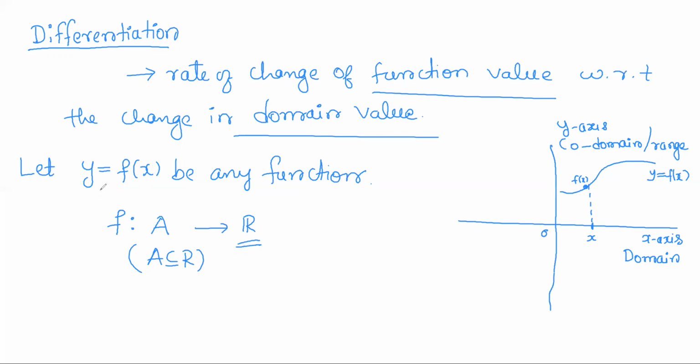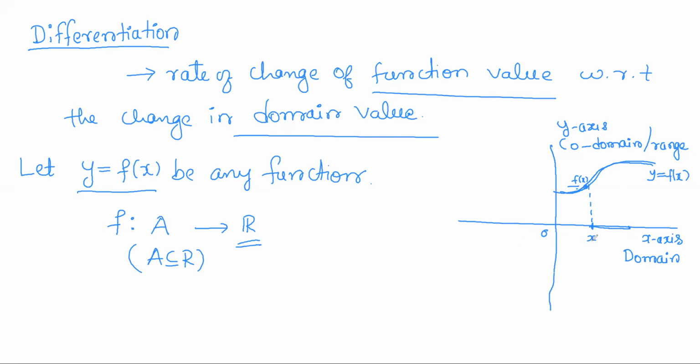So suppose the function y is equal to f of x, which I have considered. So suppose say its curve is like this, right? Its curve is like this. Now I'll fix a domain point x corresponding to which the function value is f of x. Now I'll give an increment to the domain value.